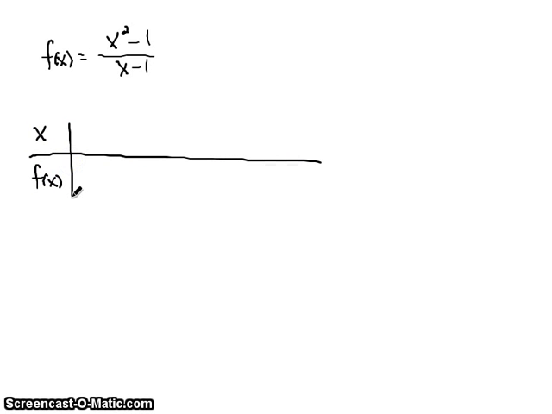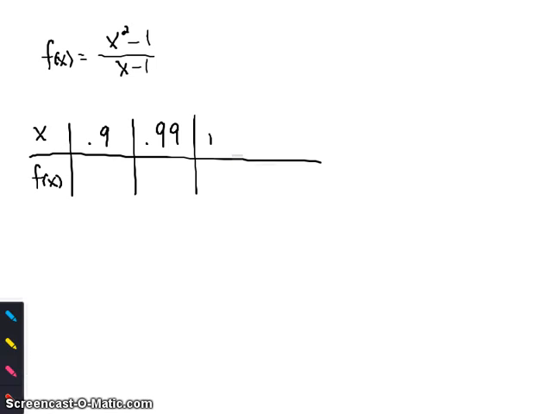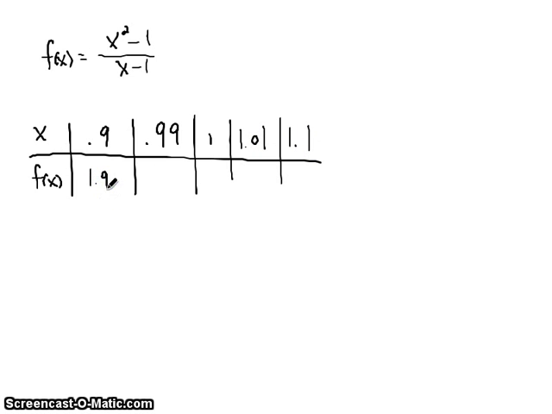And if I put the points like 0.9, 0.99, 1, 1.01 and 1.1 on my table, we're going to get values 1.9, 1.99, undefined, 2.01, and 2.1.